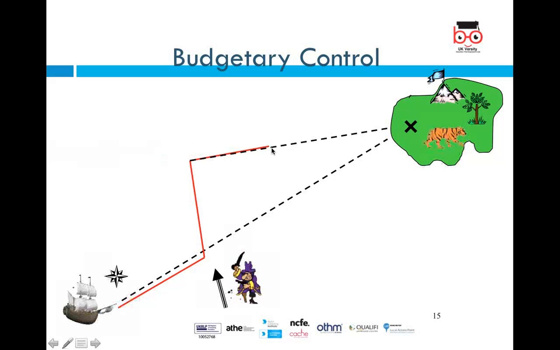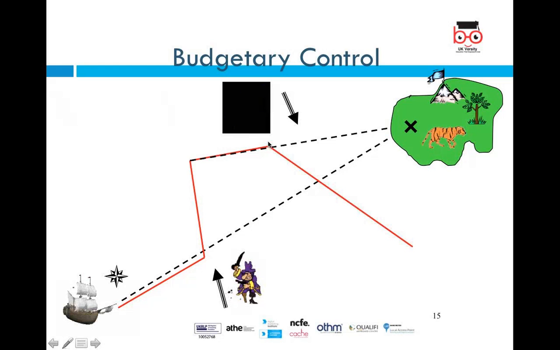Then, in the middle of the journey, we see a natural disaster, and again we need to change our direction the other way. And then again we encounter an underwater shark or a big whale, which is harmful for the ship, and again we change our direction. So as we can see, this is our actual route or budget, but because of the different problems we need to change our direction to reach that point.